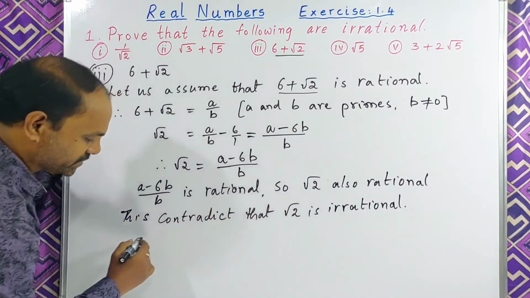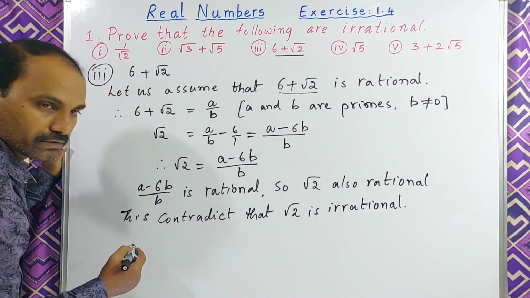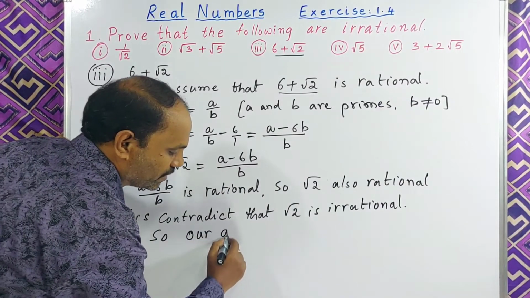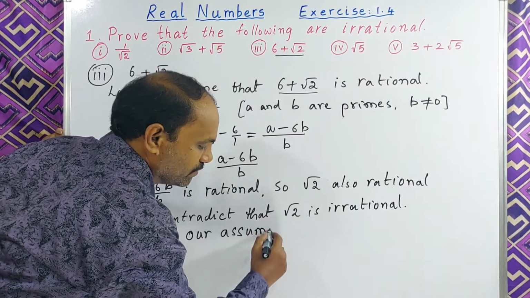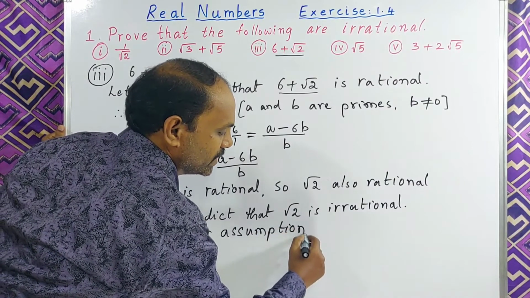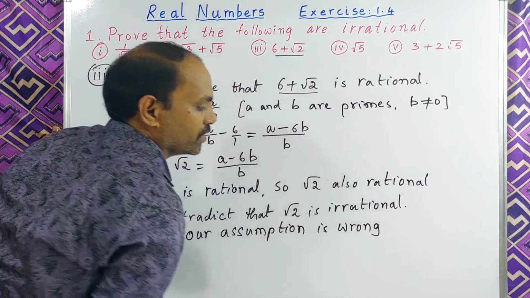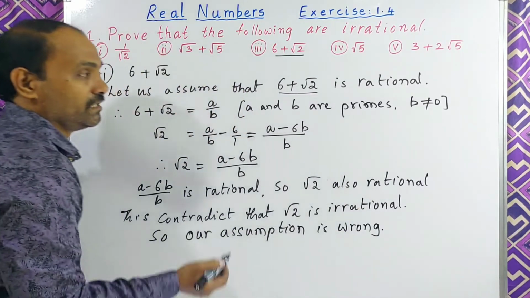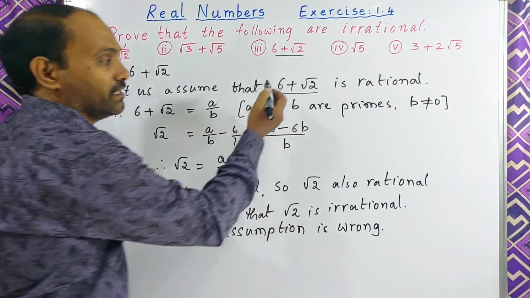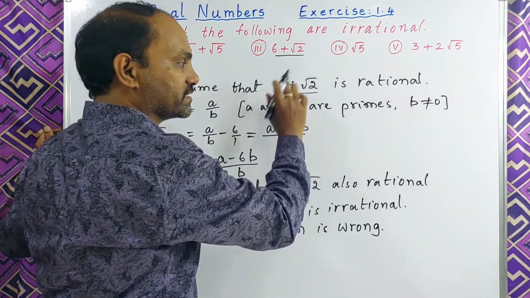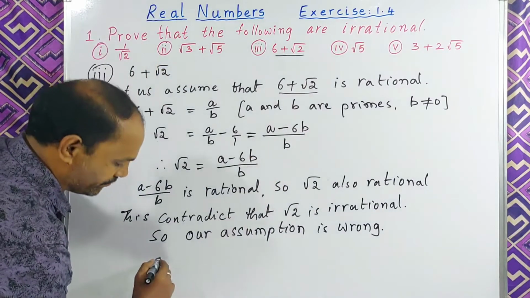So our assumption is wrong. What is the correct answer there? 6 plus root 2 is rational, this one is wrong. It means 6 plus root 2 is irrational.